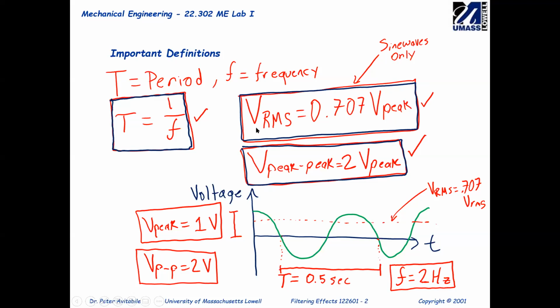So make sure that you remember voltage RMS is proportional to the voltage peak, multiplied by the magic number 0.707. So right now you wanted to find the voltage peak. So you send the 0.707 to the other side of the equation to get voltage peak equal to voltage RMS divided by 0.707. Any questions for this relationship?